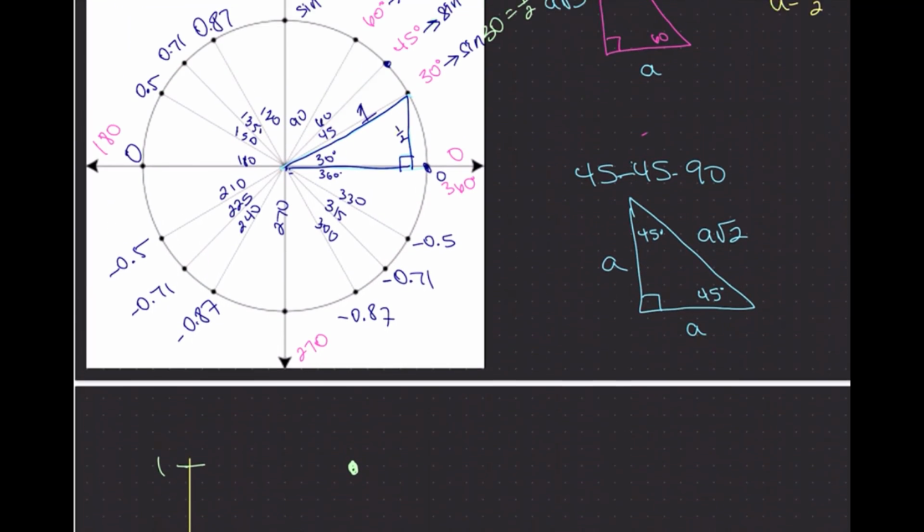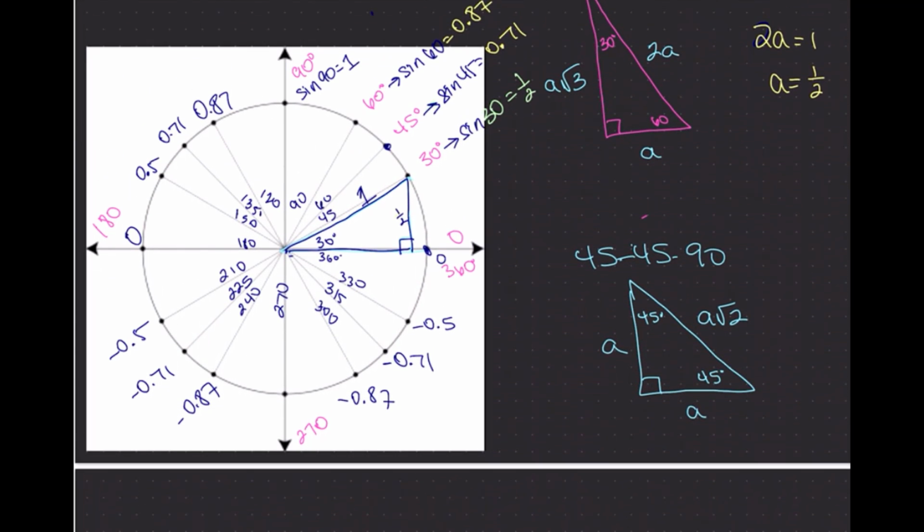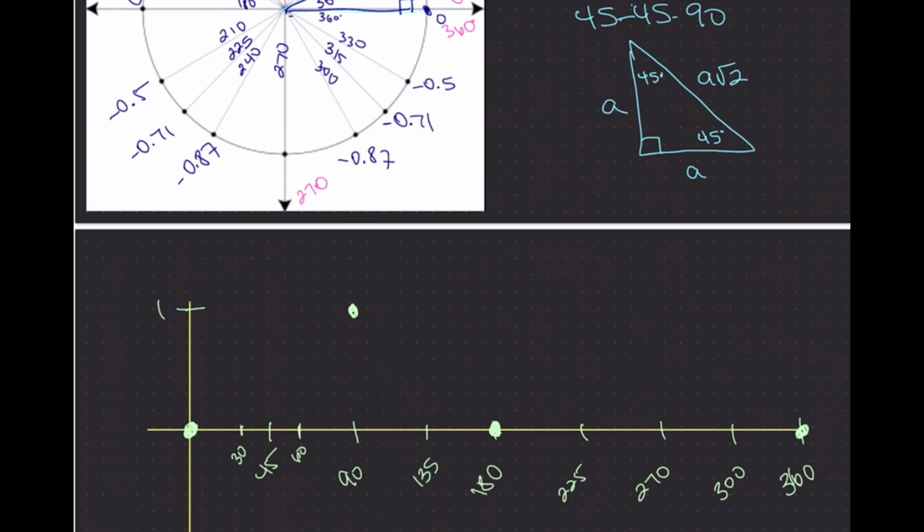So let's do a couple more of these points. We'll go right in the middle. At 45 degrees, what did we get? 0.7. So at 45 degrees, we're above half, right about there.